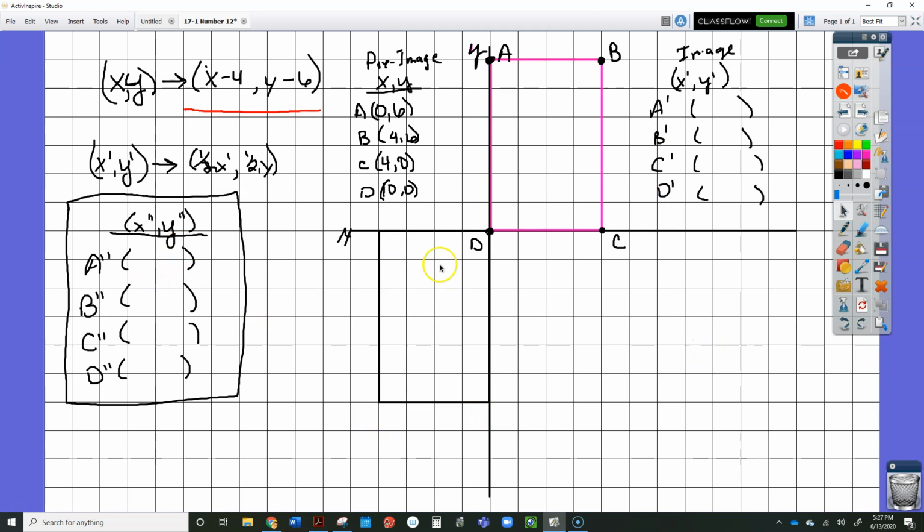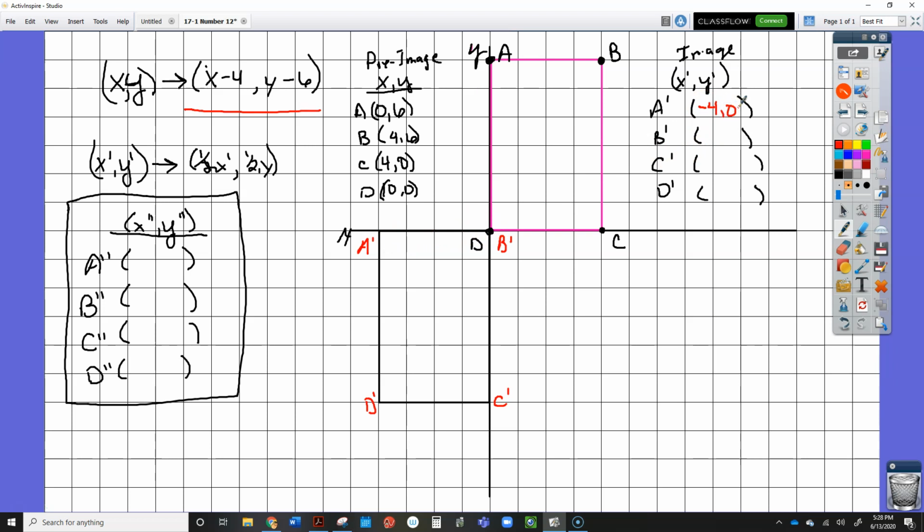Now you can certainly do that. This is A prime. This point right here is B prime, and this is C prime, and this is D prime. So when you write down the coordinates of A, you see that A is now located at 1, 2, 3, 4, so negative 4, 0.